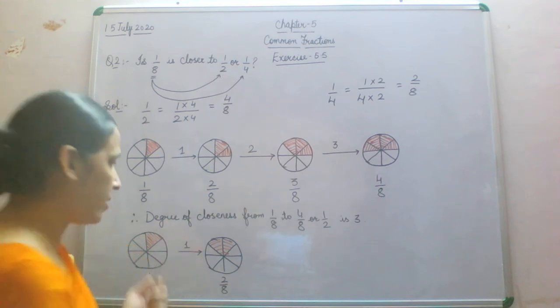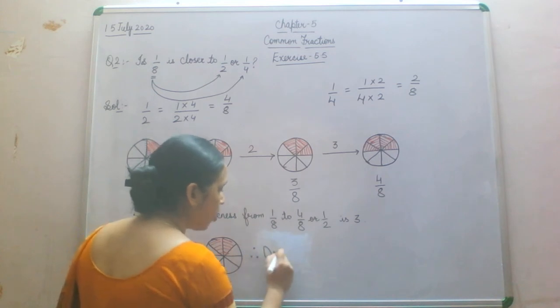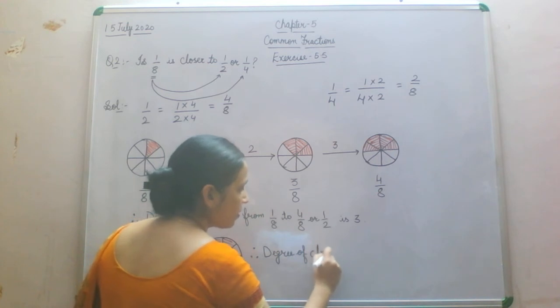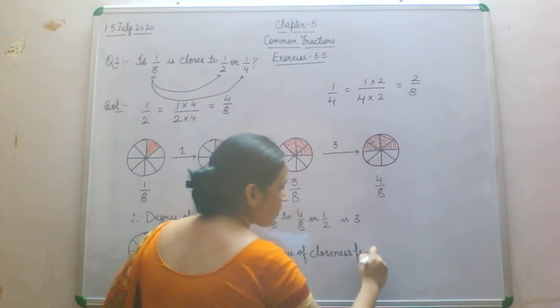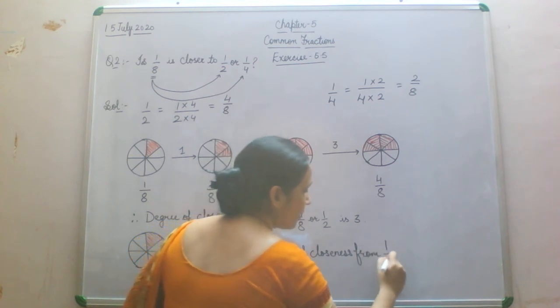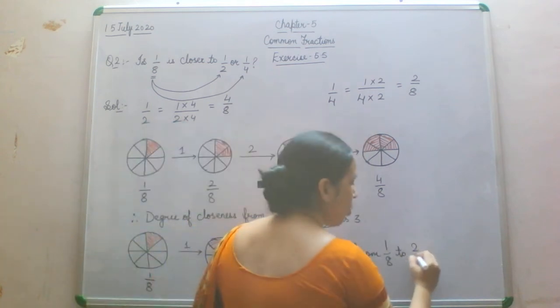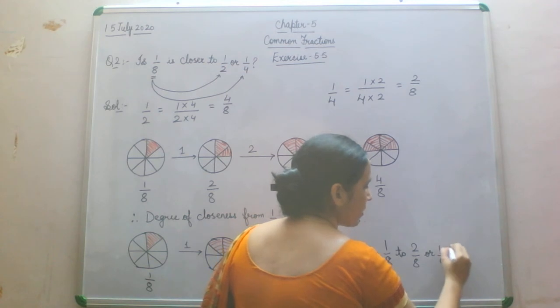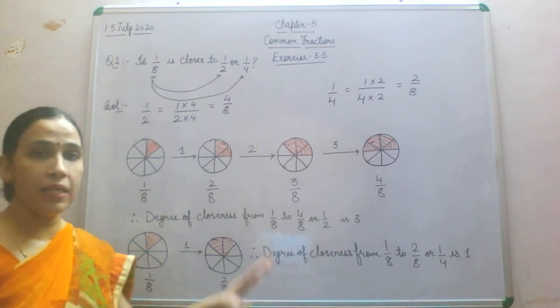So you will write here: therefore, degree of closeness from 1/8 to 2/8 or 1/4 is 1.